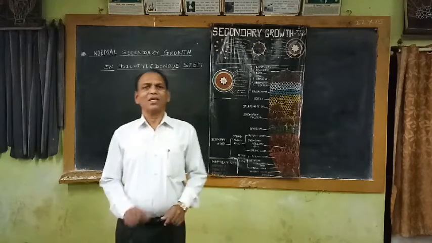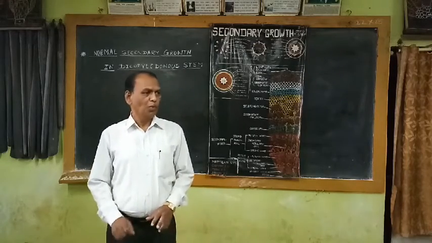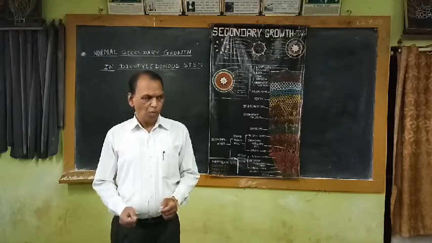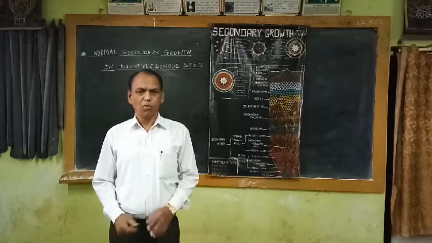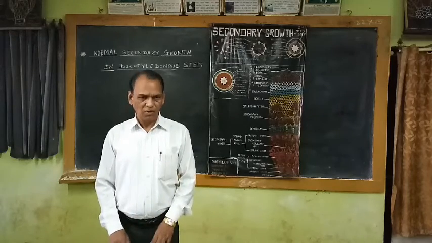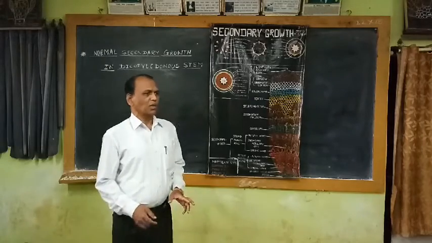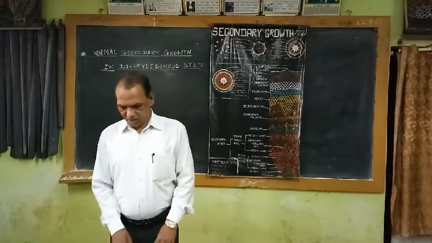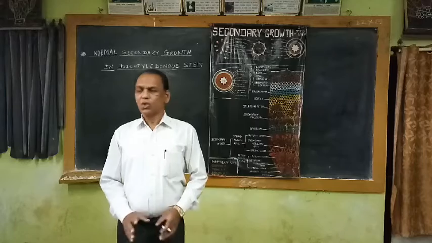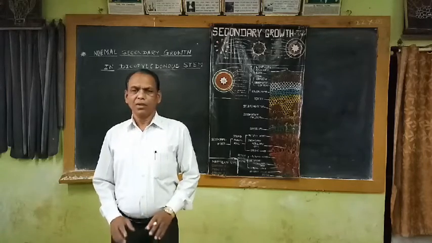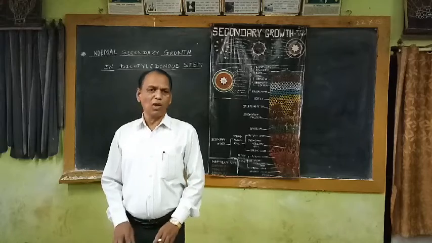So the plant starts the secondary growth in order to fulfill its demand, that is, more conduction of nutrients, more conduction of the food prepared by the leaves, as well as if the number of branches and leaves increases, the root system and shoot system have to bear the weight of all aerial organs.